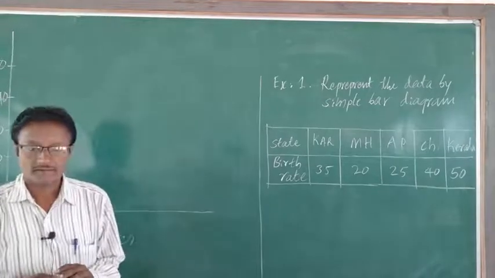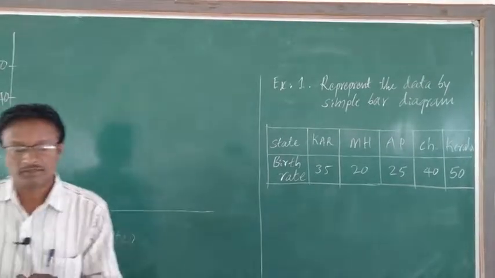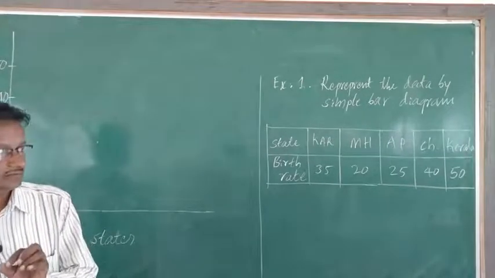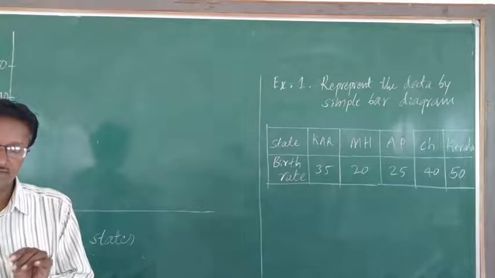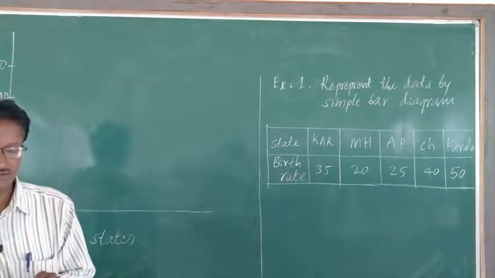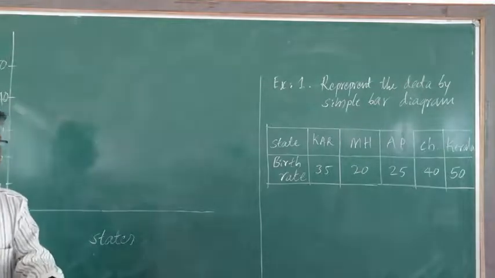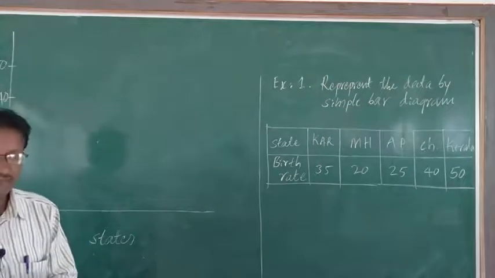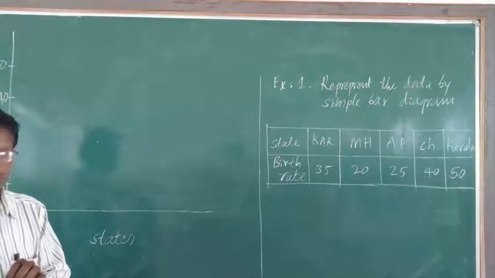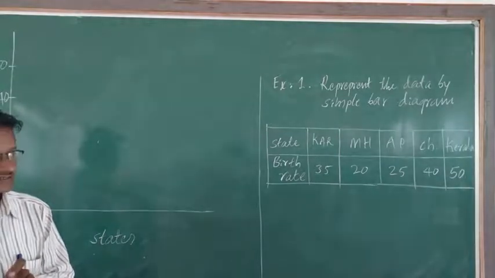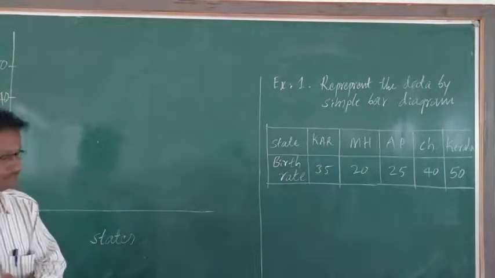Here rectangular bars for the characteristic, that means for the birth rate, are drawn. Bars should be of equal width and distance between the bars should be the same.